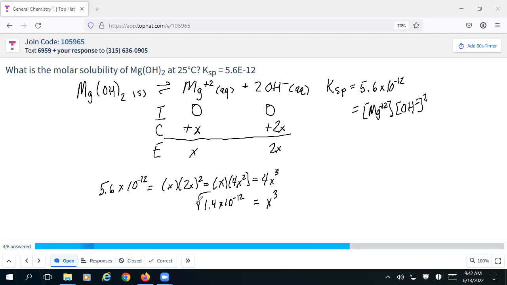If I take the cube root of both sides, we get an x that is equal to 1.1 times 10 to the negative 4th molar.